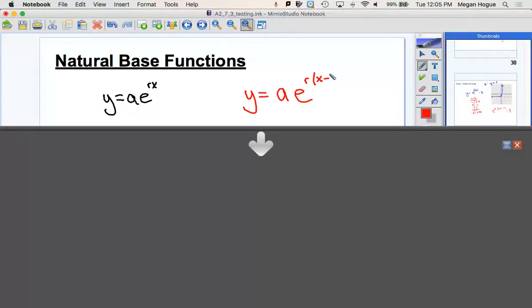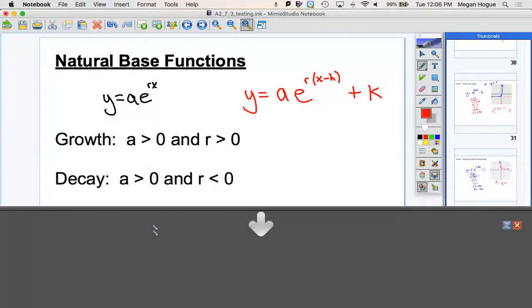They can look like this: y equals a times e to the exponent r x minus h in parentheses, and then plus k. The only reason I show you this one is because of that plus k, and we know that k is going to be where we see the asymptote. What's going to be important on this slide is that r part, the part that's going to come before the x. That's what we're going to be focused on. That's going to tell us whether it's growth or decay.